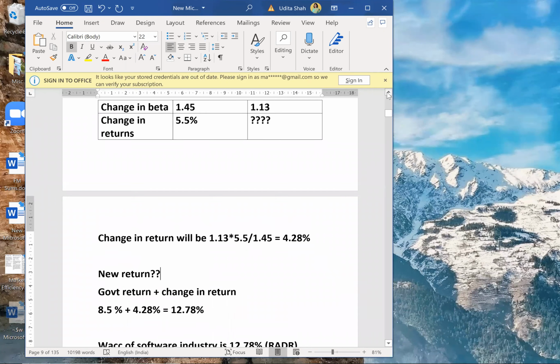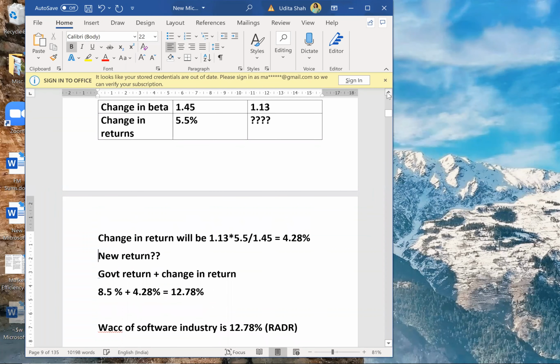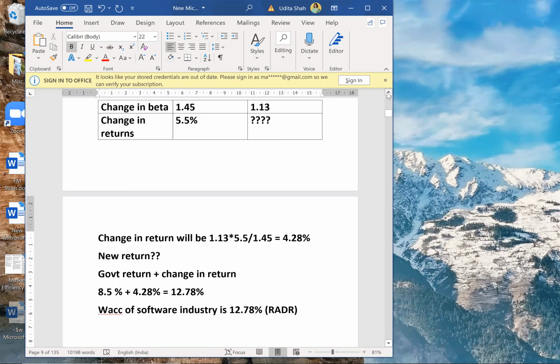See if you understood this. Simple cross multiplication, okay? But I just did this cross multiplication after the first two steps. So compare government and manufacturing, then compare government and software, and then do a simple cross multiplication that will give you change in return. But that is not my final answer.